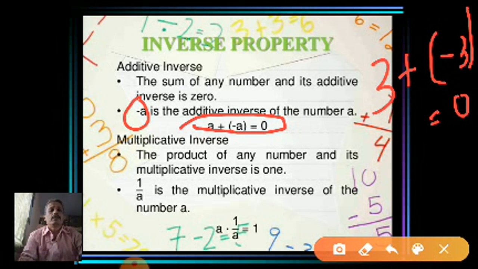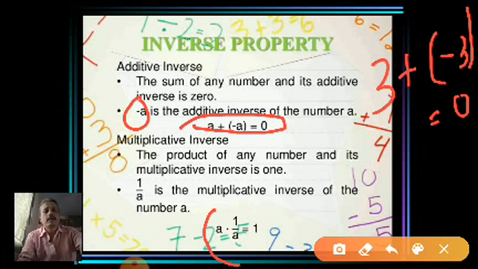Good. Now regarding the multiplicative inverse, the product of any number and its multiplicative inverse is 1. Suppose there is a number a. What is the multiplicative inverse of a? Simple, 1 upon a. That gives the answer 1.